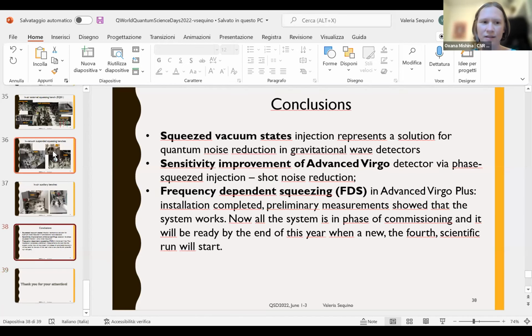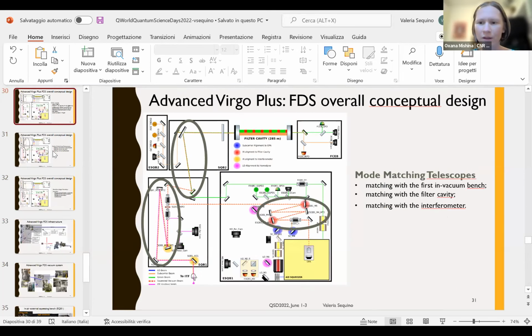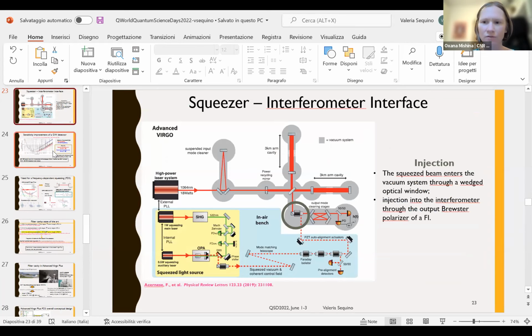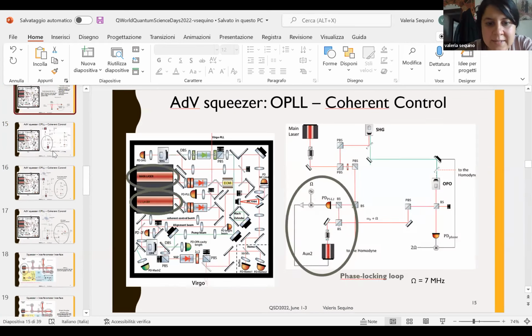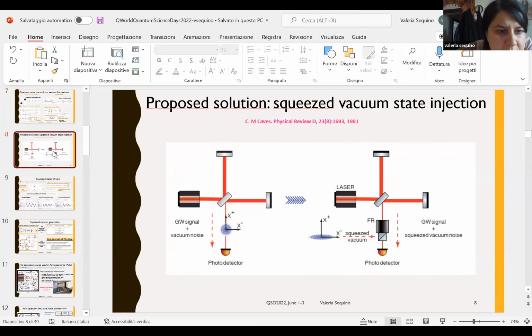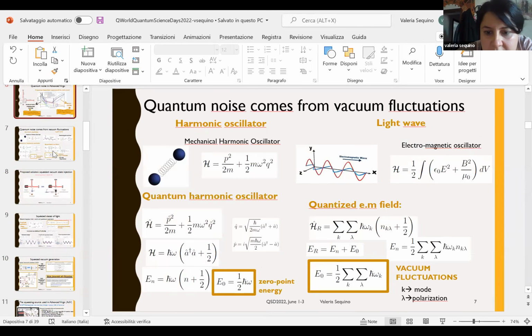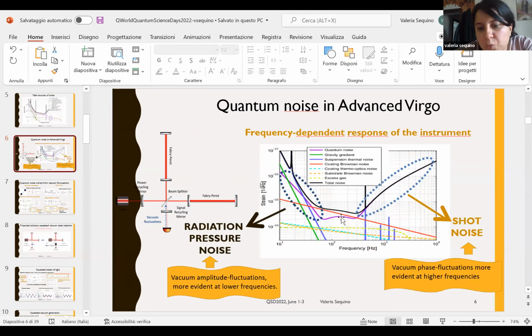And there is a question. This is from me, actually, and I'm curious. On the picture where you showed the curve of the quantum noise, there was a minimum at about 200 hertz. I wonder, why is it? What is the actual reason for this minimum? Yes, I will show. In the sense that you want to know why there is this here, because in general the shot noise is a white noise.